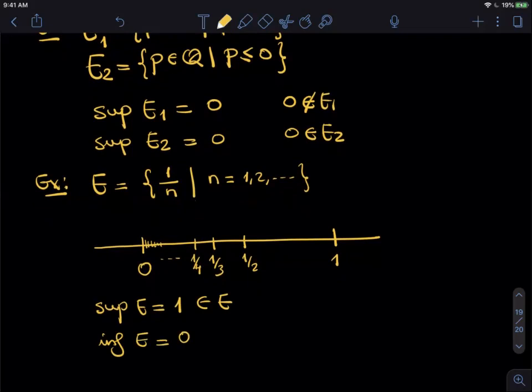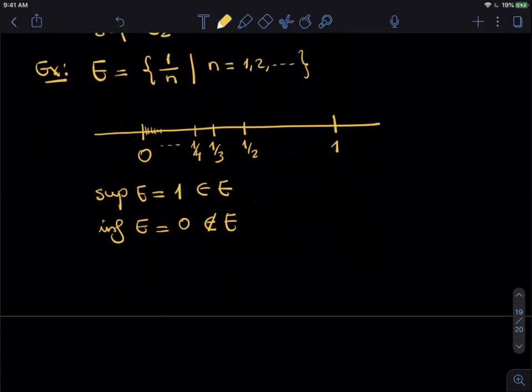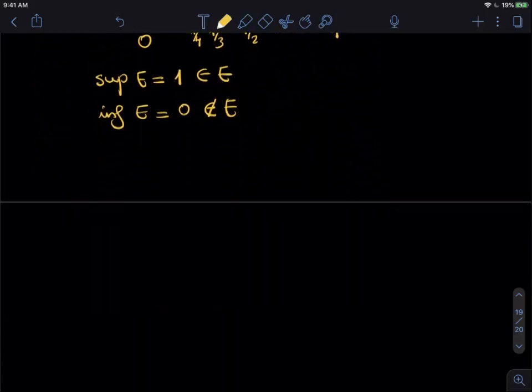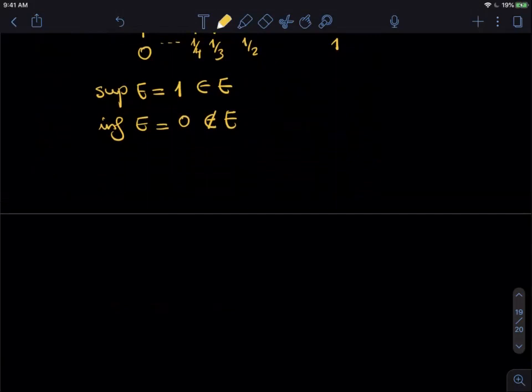So 0 is the largest I can pick, but 0 does not belong to E. So again, we see this dynamic. Now, this is a property of a set, that the bound is inside the set or not. So we are going to define that. We are going to give it a name so that we can use it.